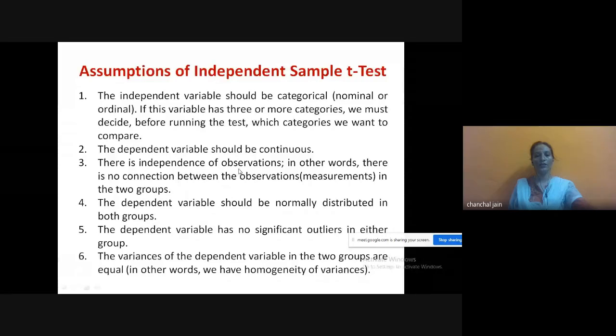Independence of observations: when we have two groups for the independent variable, the observations are independent of each other. So the first three assumptions we have checked only with the help of observation. Now we have to check only the fourth and fifth. The sixth will be the output of the independent sample t-test. So now we have to check the normality of the dependent variable and also outliers in the dependent variable.